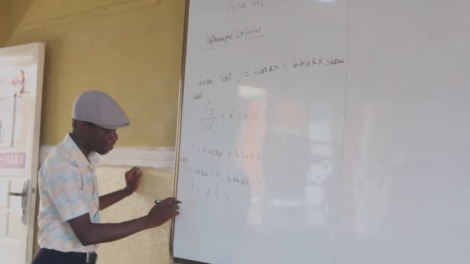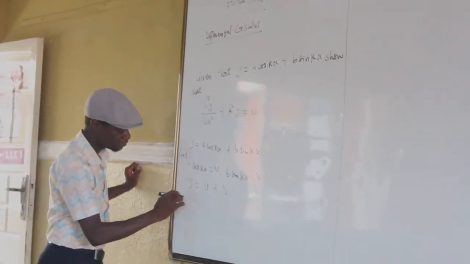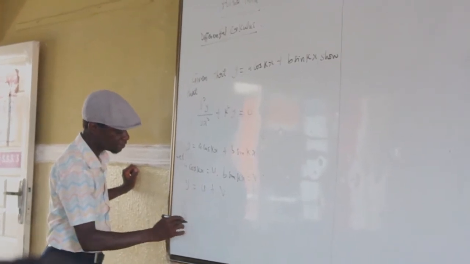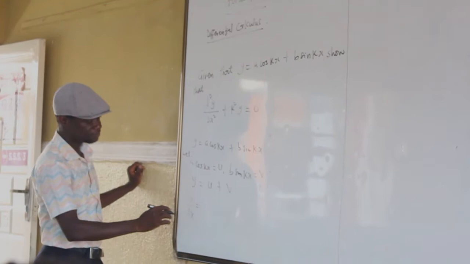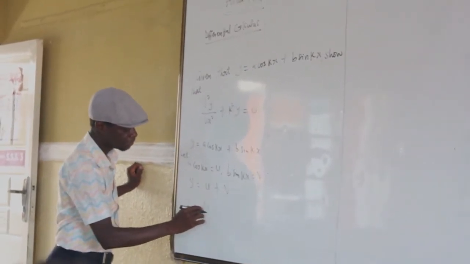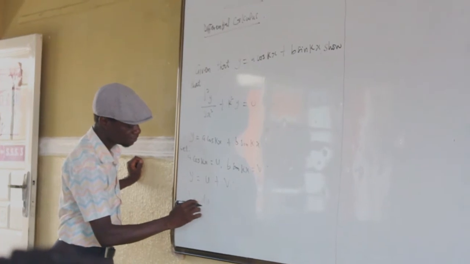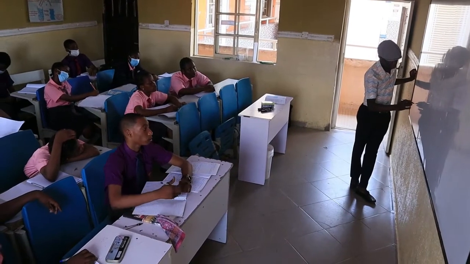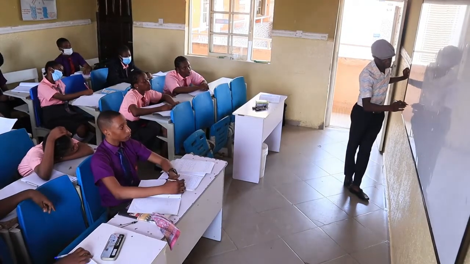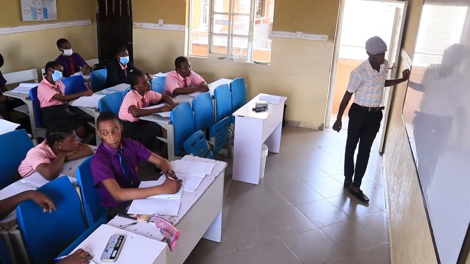So it now becomes dy/dx equals du/dx plus dv/dx.